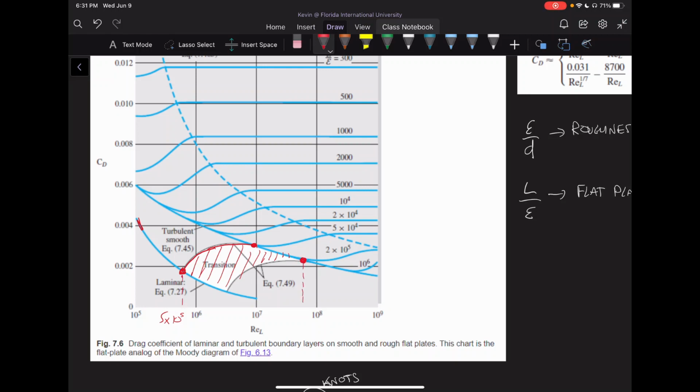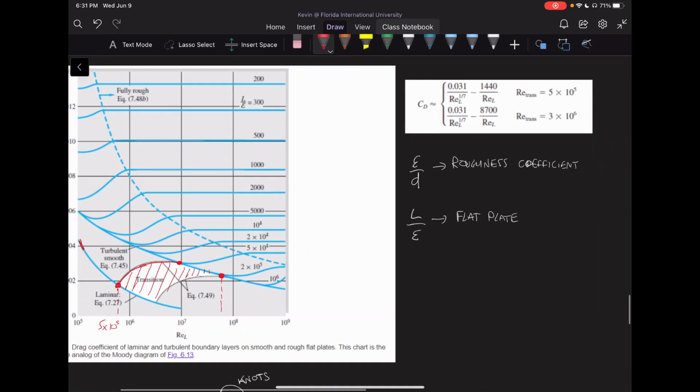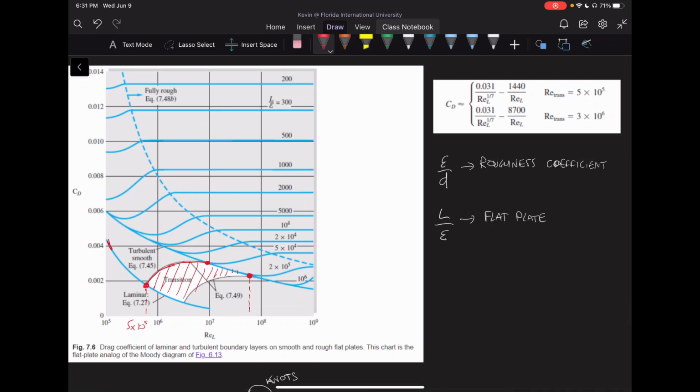And what these two equations on the right do is essentially give us a correction factor if you are still possibly in the transition phase.